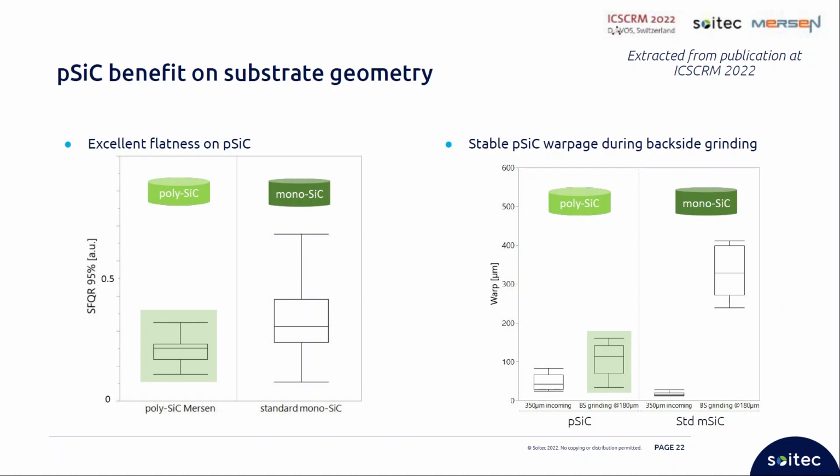We also have some other benefits of the PolySiC. Here are just pictures shown during the last HCS countdowns. First is some benefit of the flatness. Lower flatness will open some margin for the buffer process.